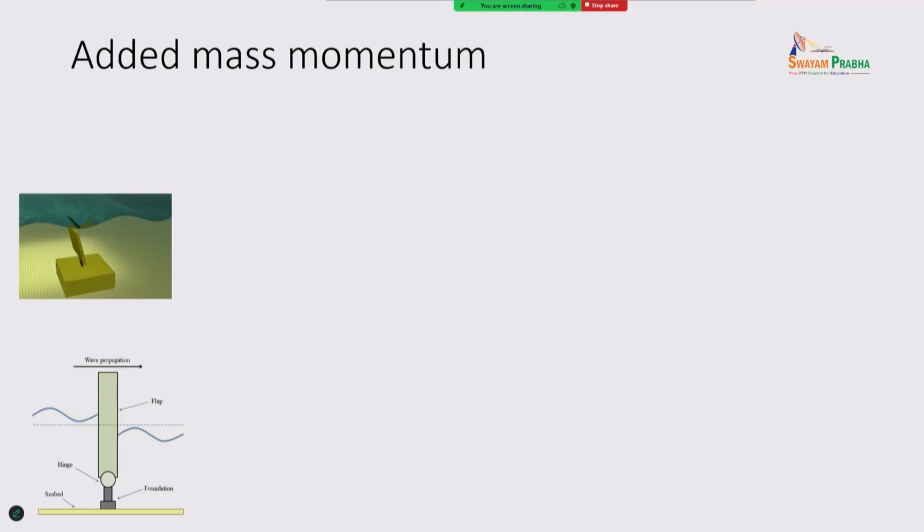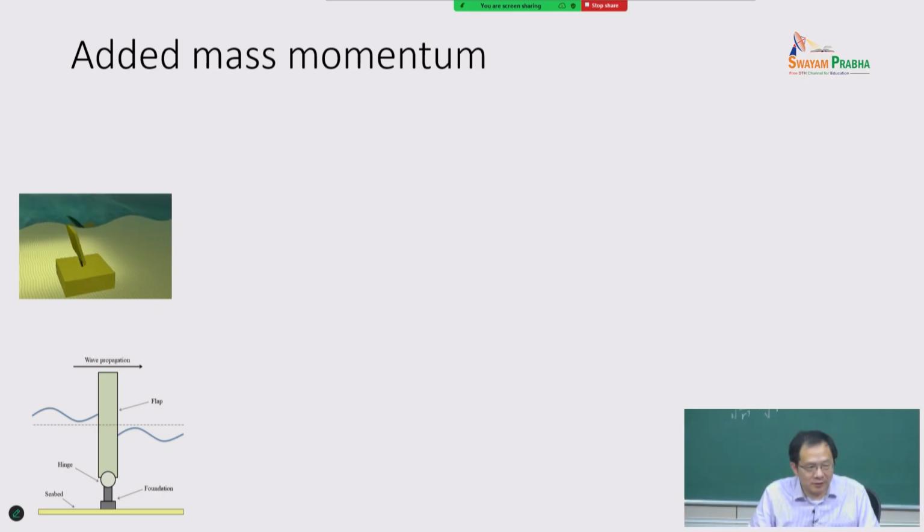Okay. So not all wave energy converters are buoys, right? This is another one, which we call the oscillating surge wave converter. We understand that if the water is shallow, the horizontal particle motion is larger than the vertical, right?